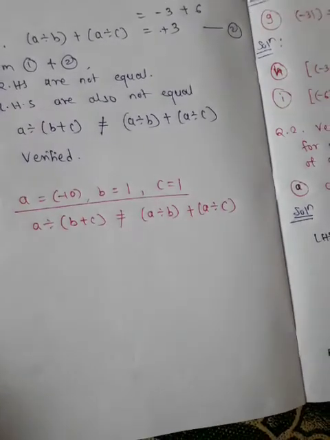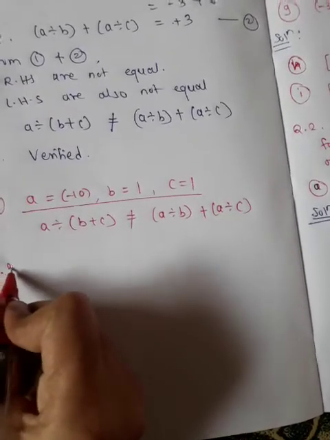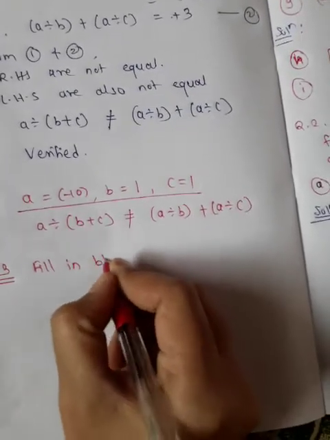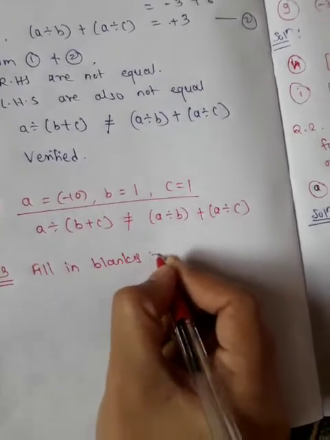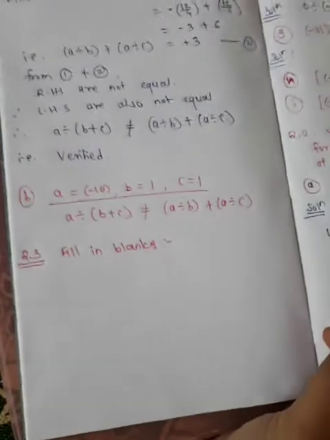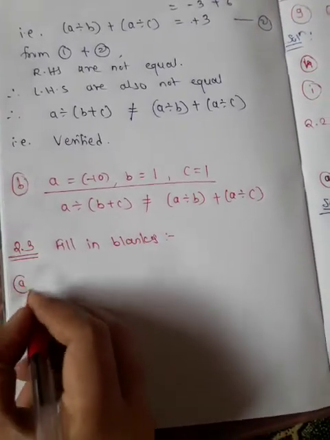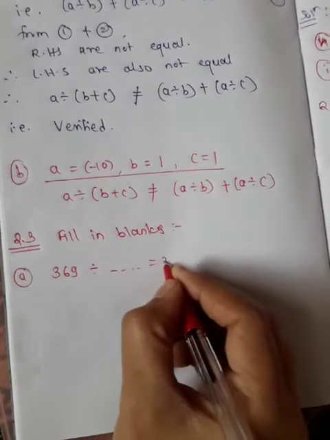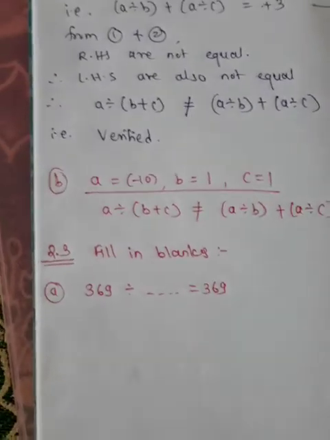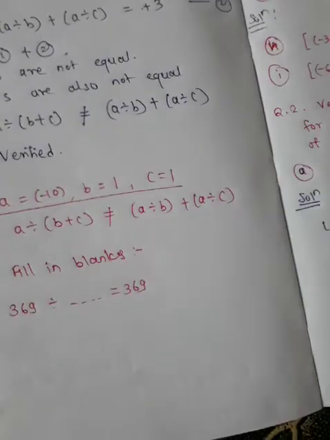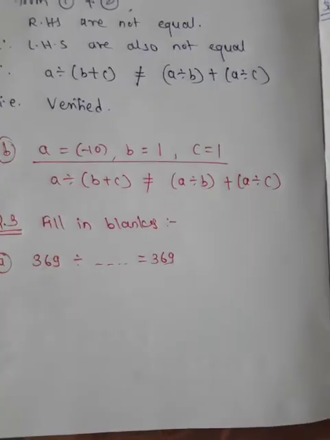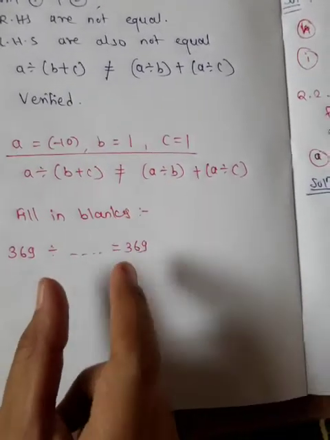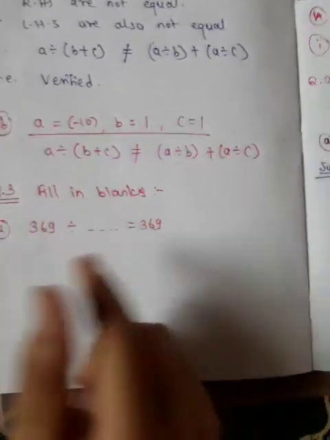So question number 3 is fill in the blanks. They have given 8 fill in the blanks. Very first is 369 divided by dot dot dot gives you 369. Here we have to do direct calculation, meaning for the direct calculation you must know all the properties of division.